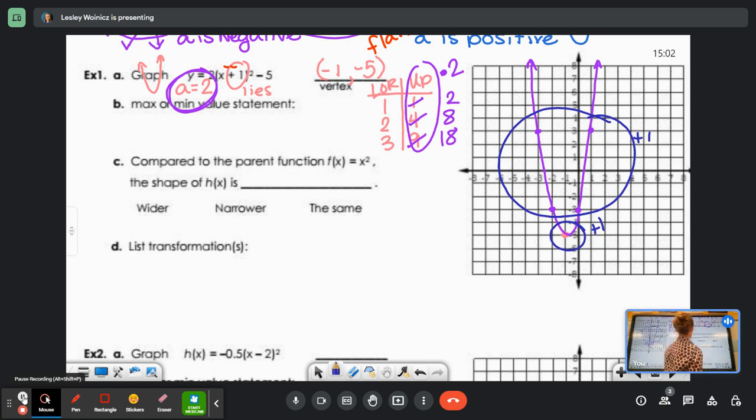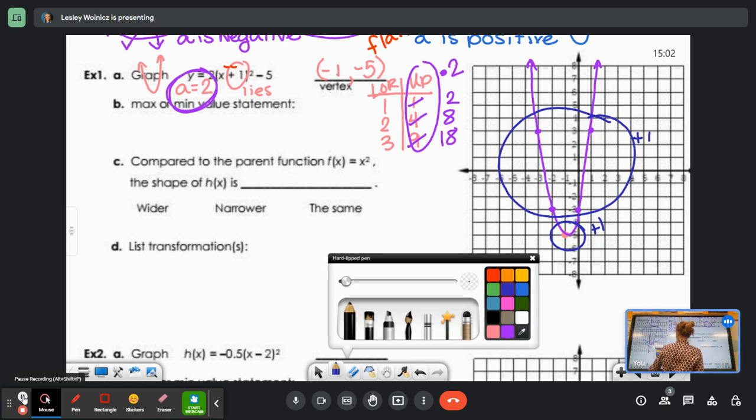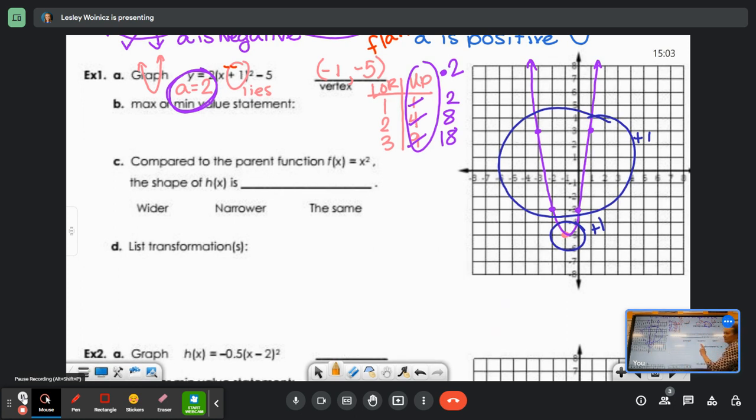All right, compared. Oh, we need a min or max value statement. What does this graph have, a min or a max? A min. So at what x value does the minimum happen? -1. Correct. At x equals -1, we have a min of, what is the lowest value? -5.